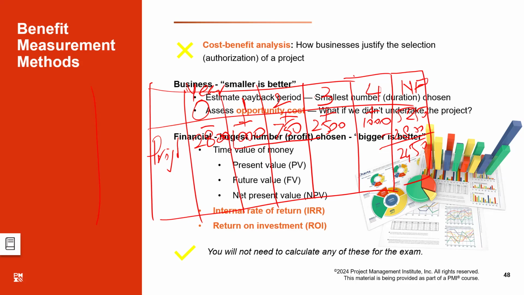Why should you use this method for cost-benefit analysis? This looks good, but why should you use it? What is better, if you get your money back earlier or later? Sorry, can you repeat the question? Okay, let me explain again.